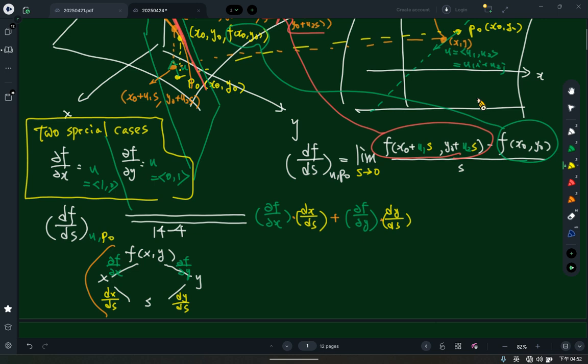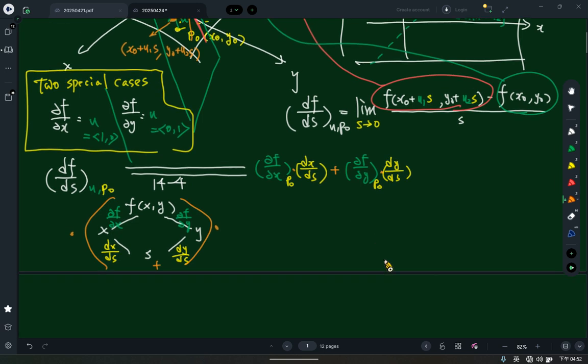And the special here is for the special point P0. Okay, so we put them together so that we can get this expression, and then we can continue to simplify that.